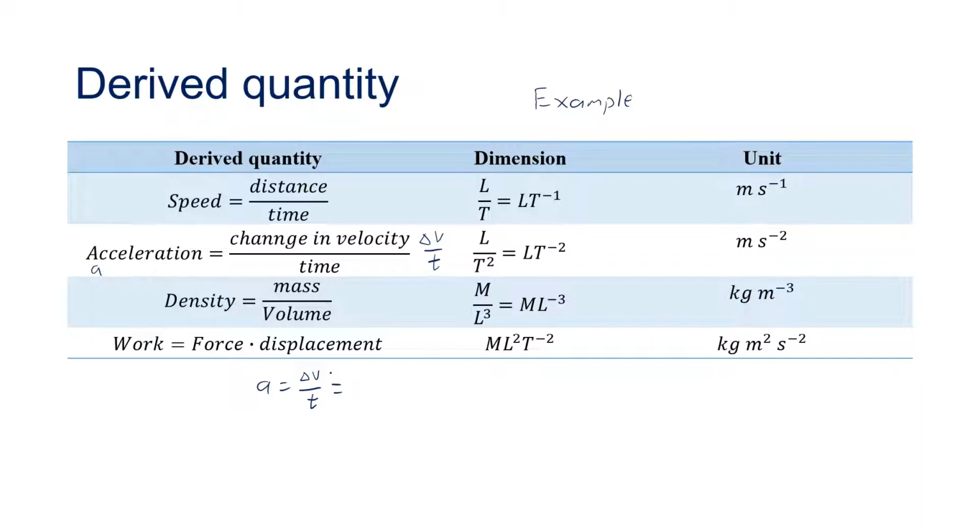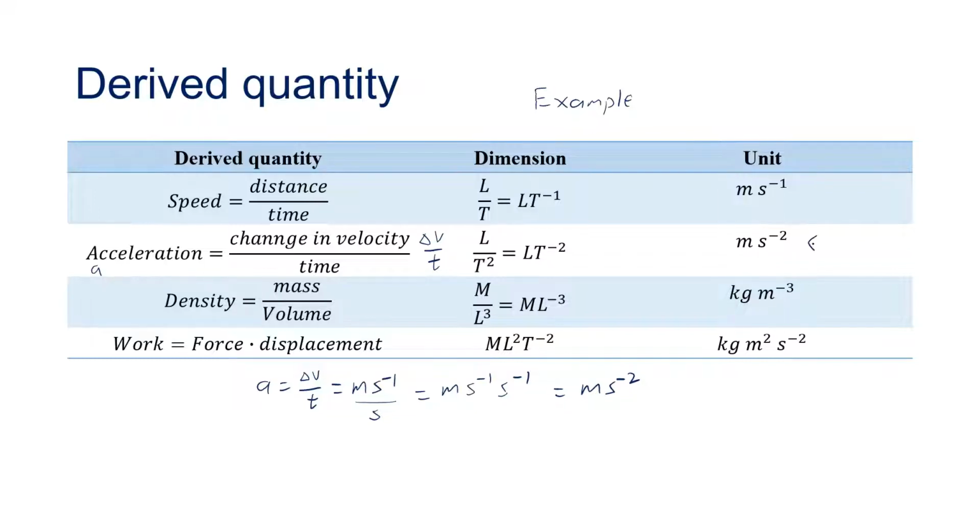Now delta v has a unit of meter per second, and this t, you can see this is a division, so divide by the unit of time, second, and this is just equal to meter per second squared, right?